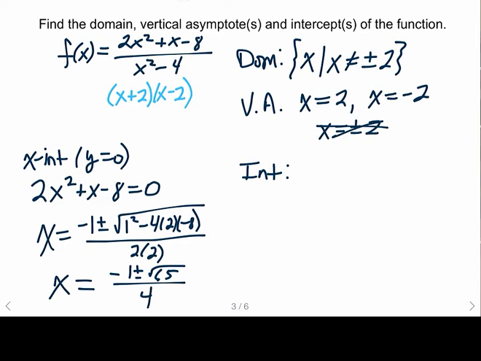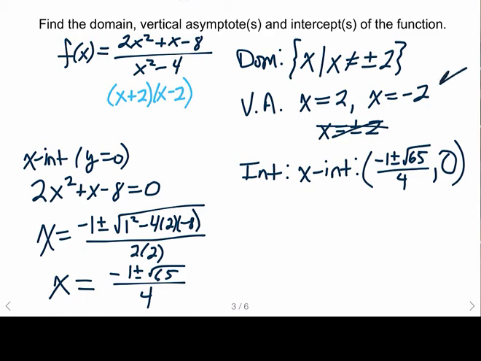That's fine to write as the points in the x-intercepts. We're going to say negative 1 plus or minus the square root of 65 all over 4, comma 0, our ordered pair. I'm okay with the plus and minus there. Just do me a favor, don't just be lazy with the asymptotes, that's all.